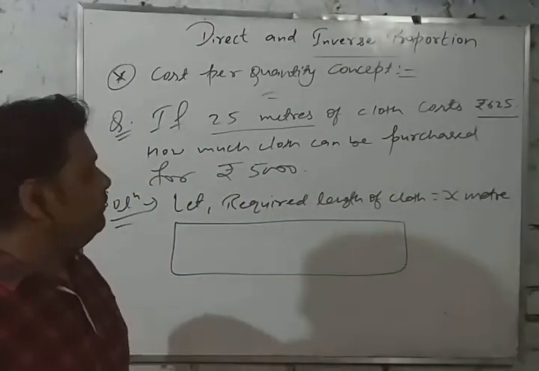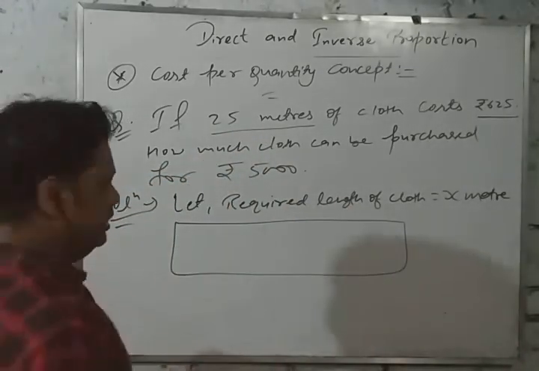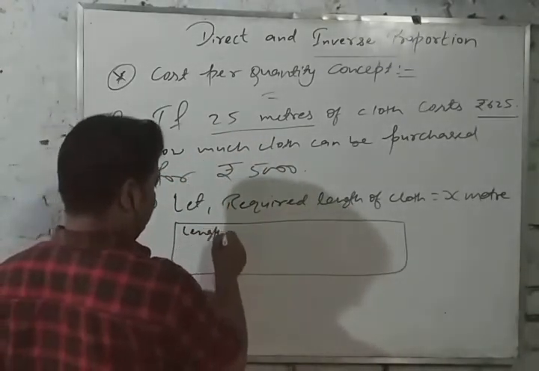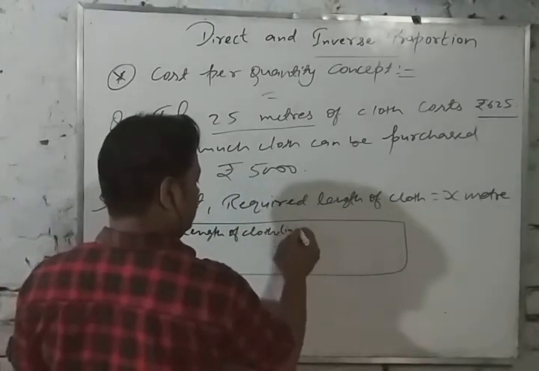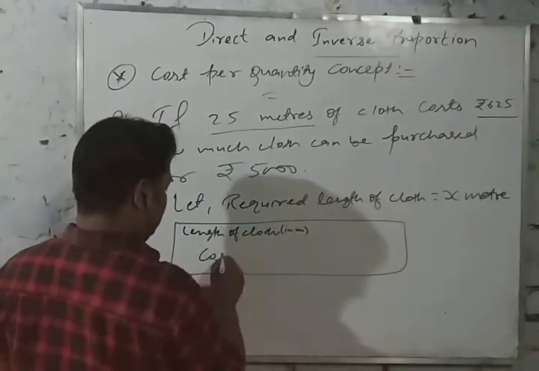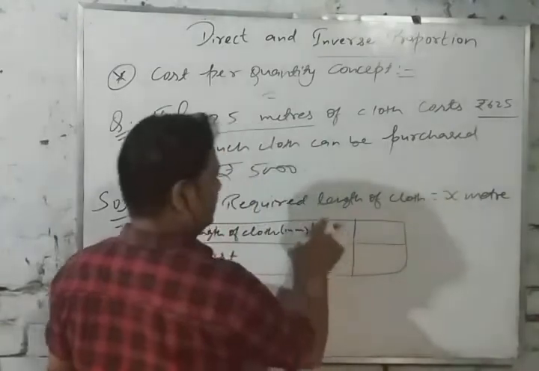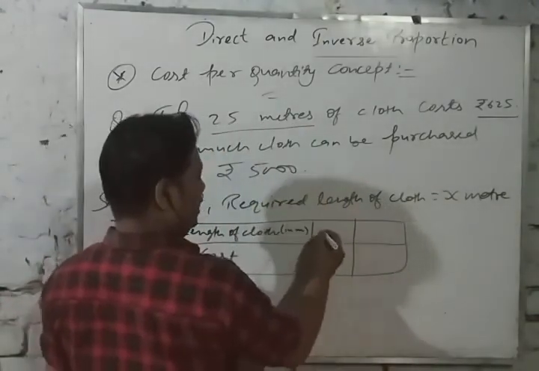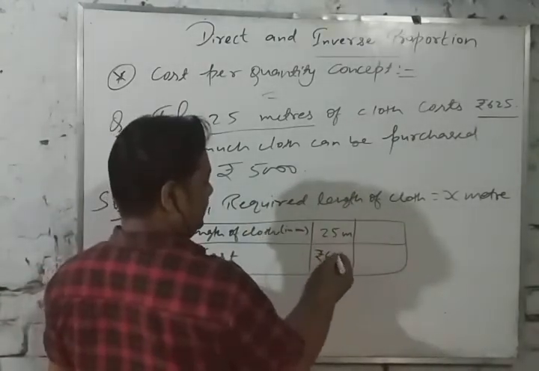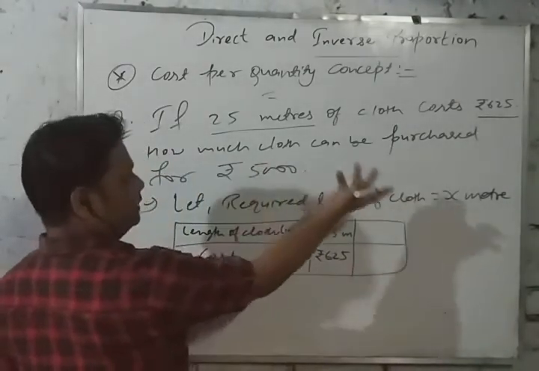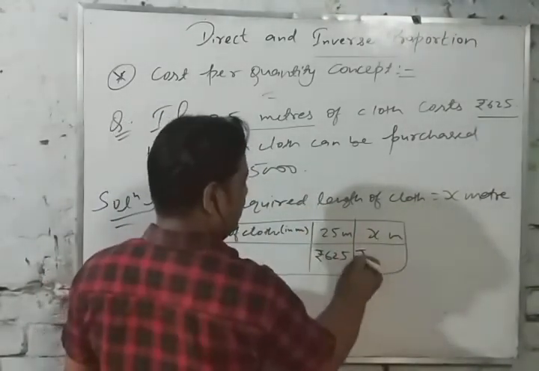In the box we will write what is given: the length of cloth in meters and the cost. Here 25 meters is the length of cloth and the cost is rupees 625. Here x meters is the unknown cloth and the cost is rupees 5,000.